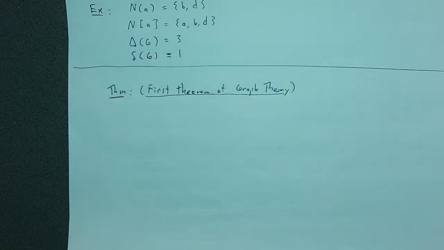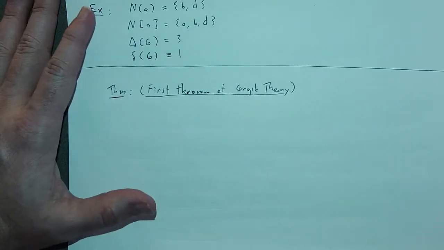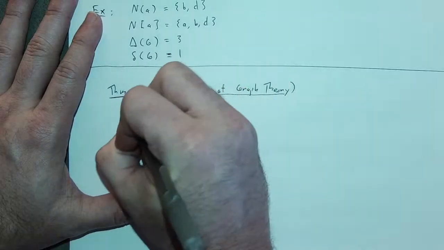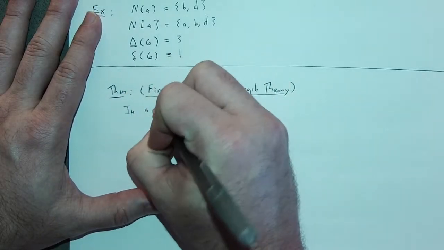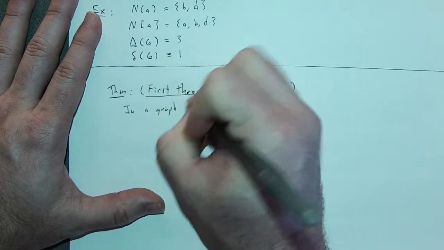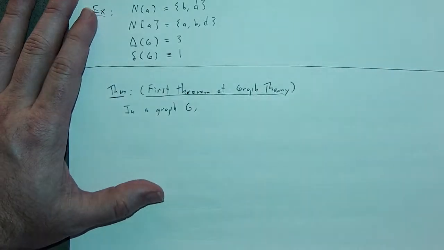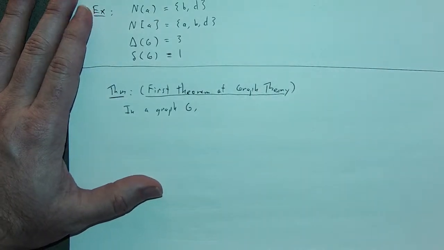So in this case, what does this theorem concern itself with? In a graph G, the sum of the degrees of the vertices is equal to twice the number of edges.